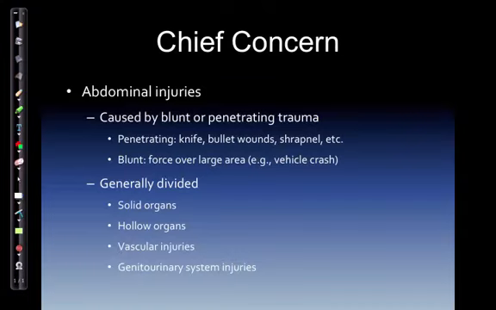So whenever blunt force occurs to the torso, it can cause shearing force inside, and a cavitation wave depending on how much force entered into the body, and shear and tear organs. Abdominal injuries can be divided into solid organ injuries and hollow organ injuries, vascular injuries, and genitourinary system injuries.